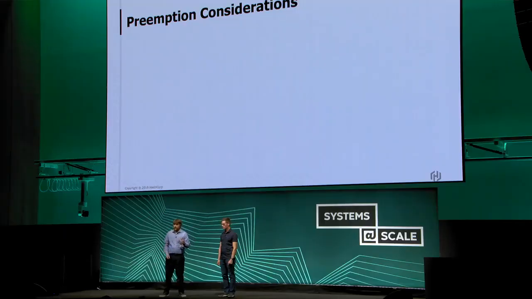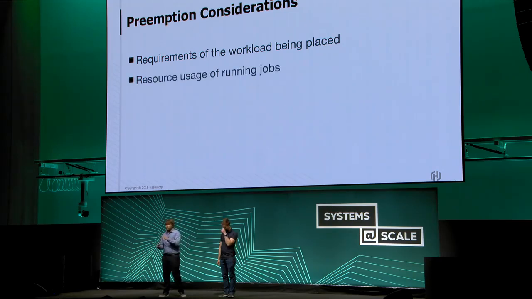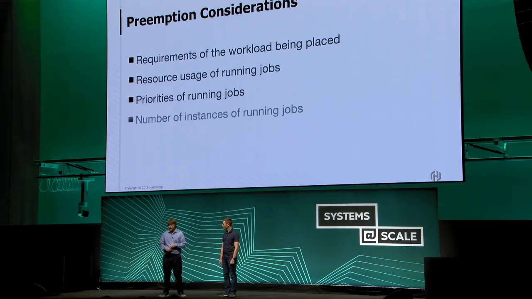There's a few things we have to think about. We have to look at the requirements of that incoming workload that needs to be placed. And we also have to look at the resources that are running on that node. We need to look at the priority of the tasks that are running so that we, A, don't preempt higher priority work, and B, we probably want to start with the lowest priority thing possible and work our way up.